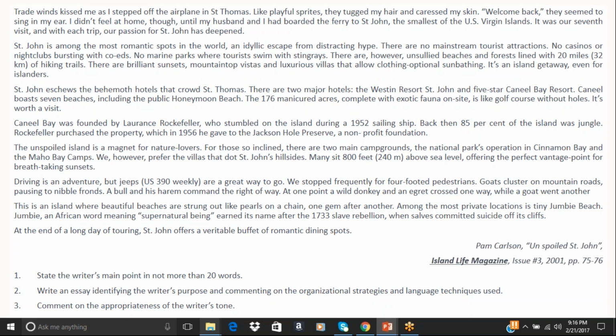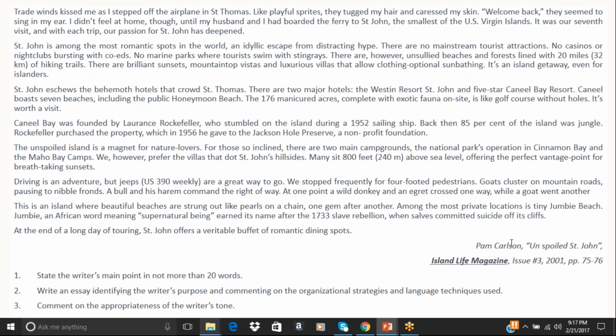There are no mainstream tourist attractions, no casinos or nightclubs bursting with co-eds, no marine parks where tourists swim with stingrays. There are, however, unspoiled beaches and forests lined with 20 miles, 32 kilometers, of hiking trails. There are brilliant sunsets, mountain vistas, mountain tops, and luxurious villas that allow clothing optional sunbathing.